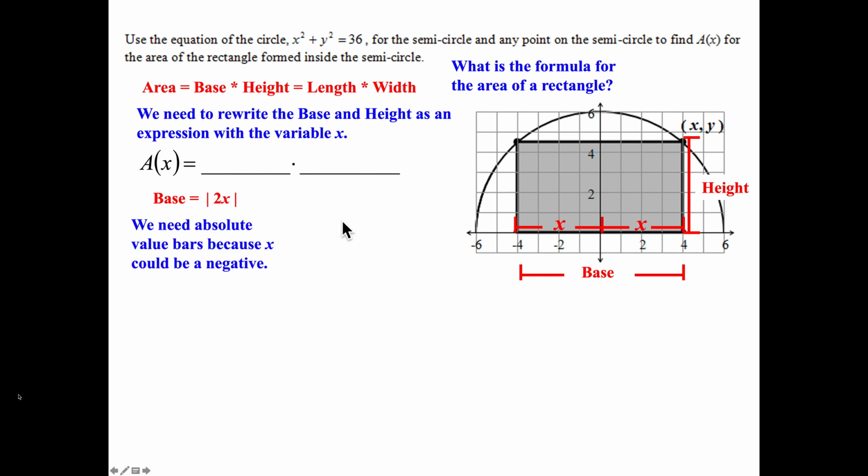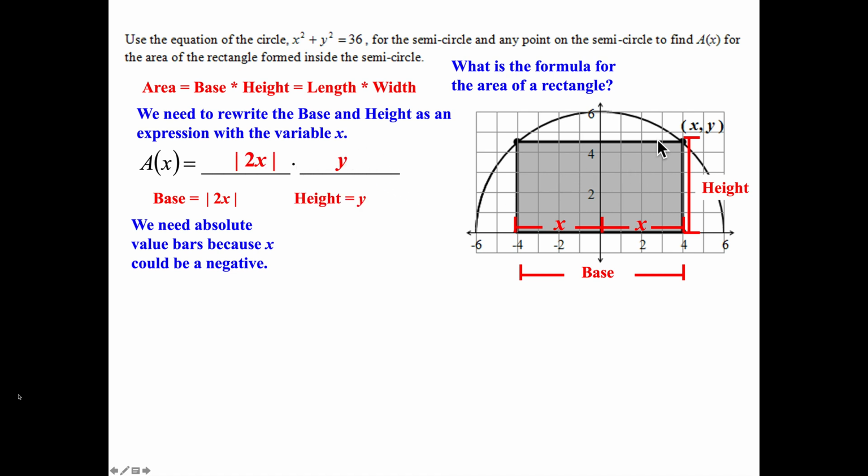So my entire base is 2x units long, and I'm going to need to put absolute value bars around it, because what if the x, y point we choose is over in quadrant 2, giving us a negative x value? And you can't put a negative x in for a distance. It has to be positive, so putting absolute value bars guarantees no matter where the x is located, it's going to be a positive value.